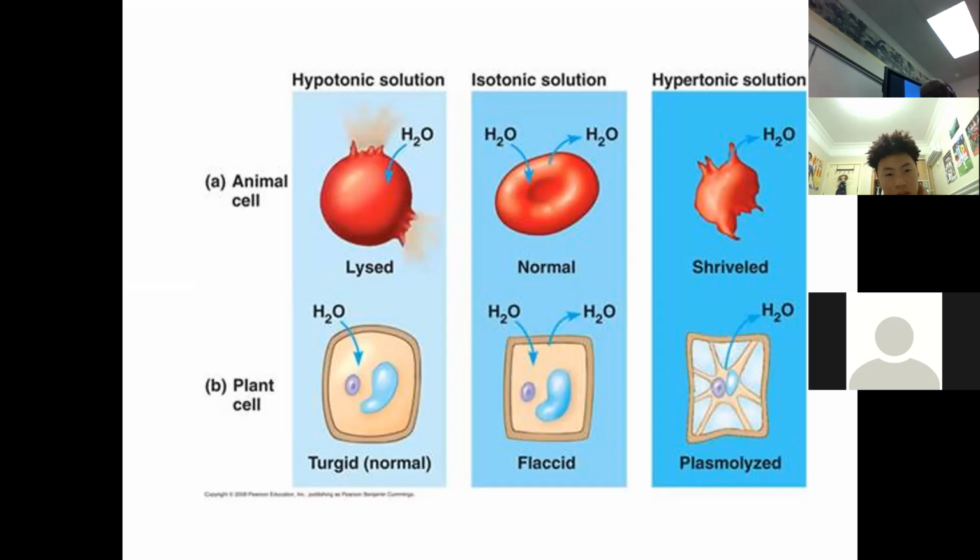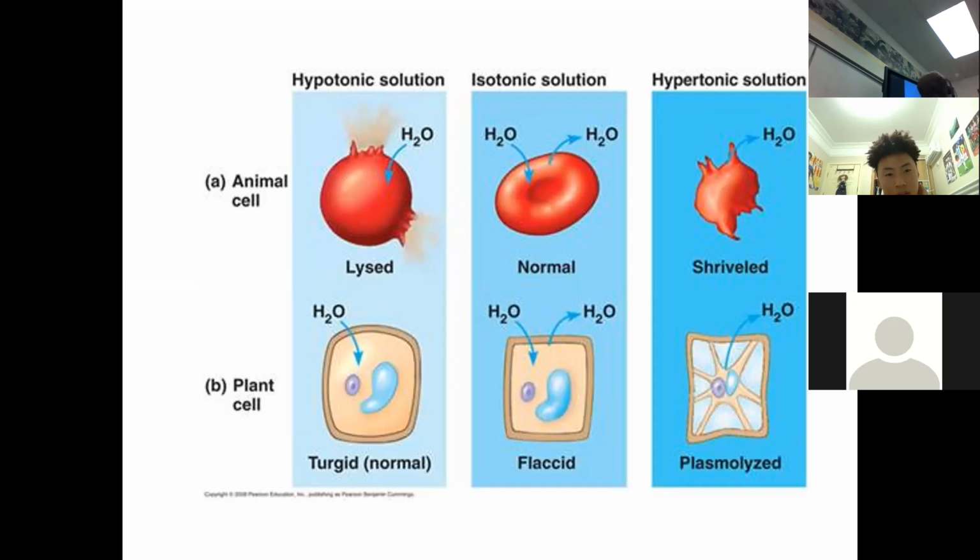And then finally, if I put that red blood cell into seawater, which we know is very hypertonic, there's a lot of salt in seawater, it's going to draw all the water out of the red blood cell. It's going to move to the hypertonic solution, and red blood cells shrivel up. Okay, remember that?